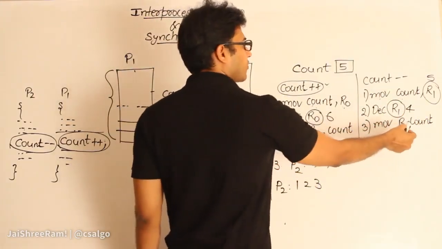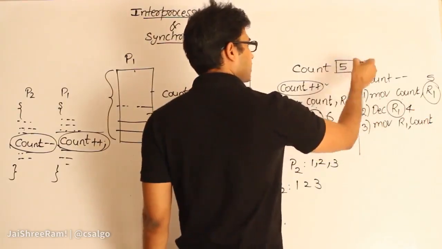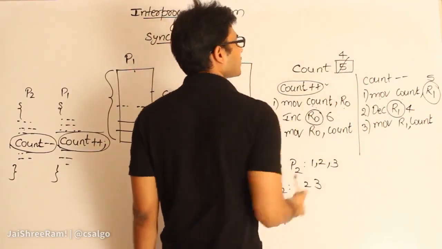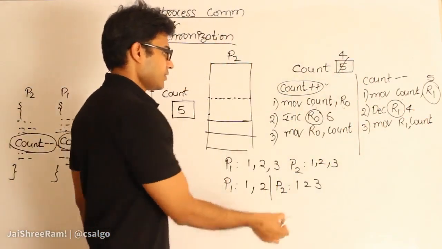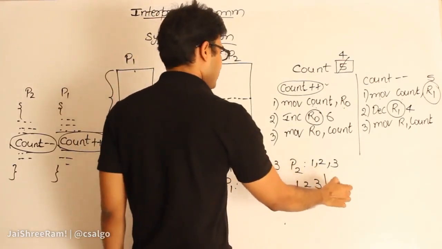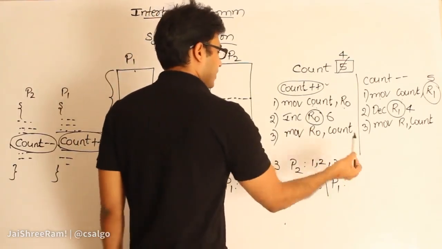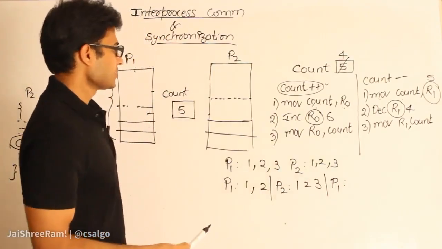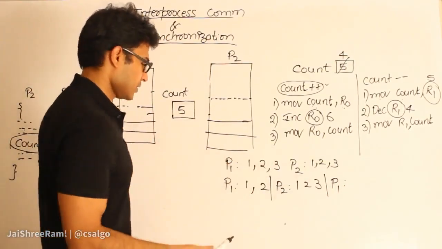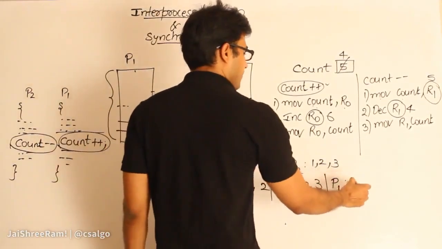And now move R1 to count. Finally 4 will be moved here. Got it? Then it got preempted, and finally P1 has come back and is running line 3.